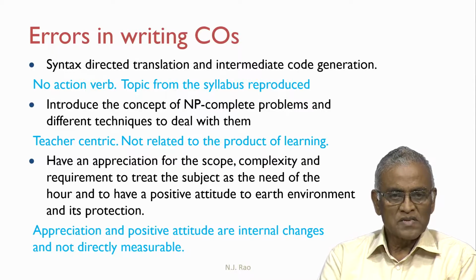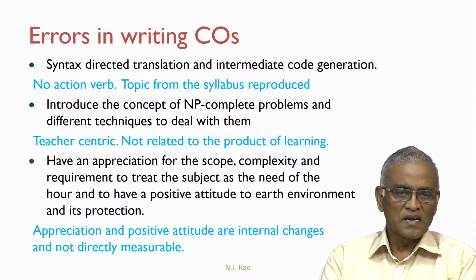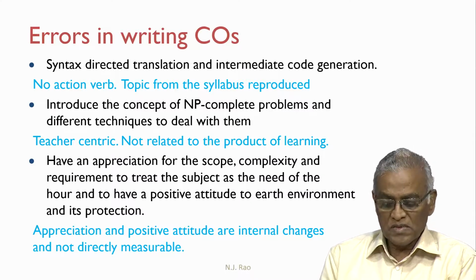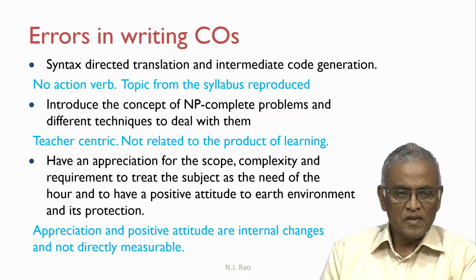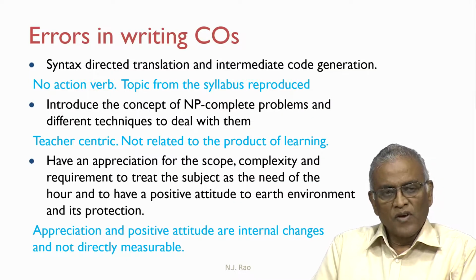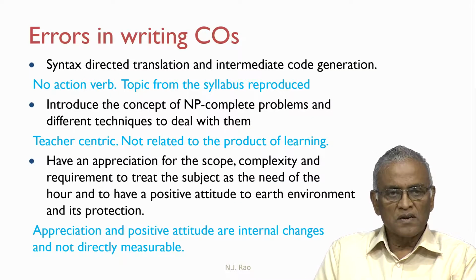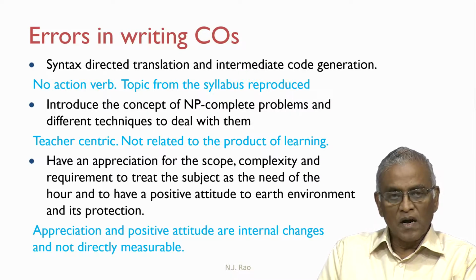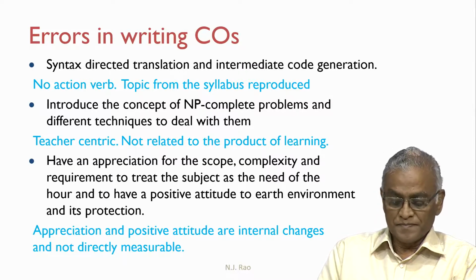So appreciation and positive attitude are internal changes and not directly measurable. These are some of the errors that a teacher, especially when writing outcomes for a course for the first time, is likely to commit.